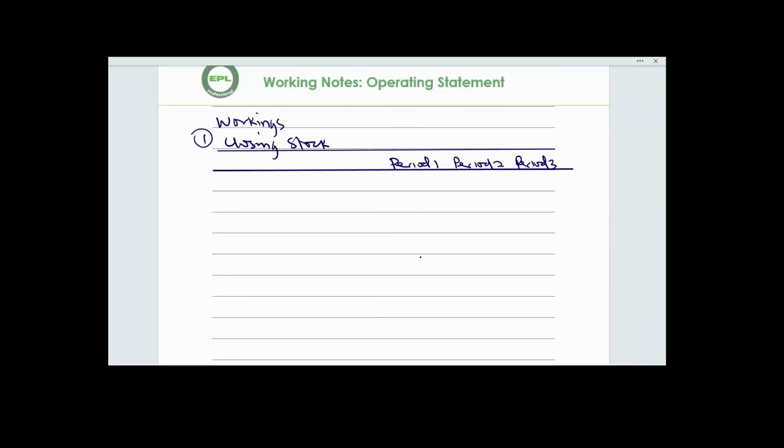So the first item when you are calculating your closing stock: closing stock is opening stock plus actual units produced less units sold. That will give you closing stock. So here is opening stock. Opening stock in the first period is nil. We are not given opening stock. So actual production.